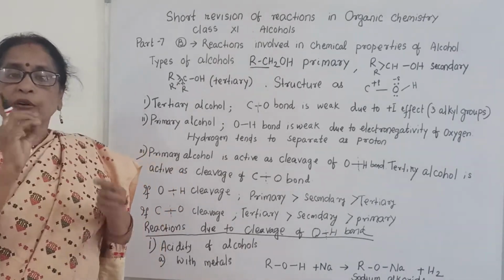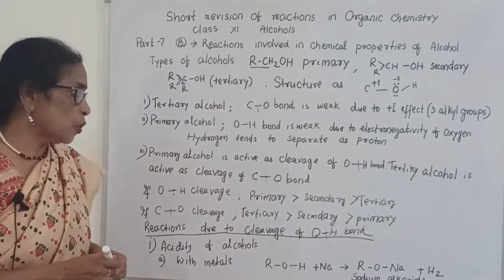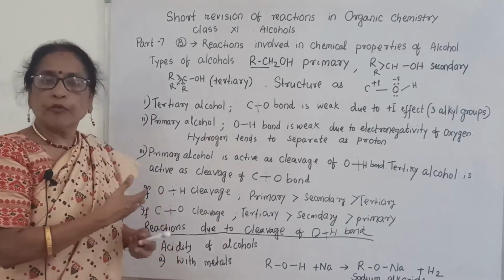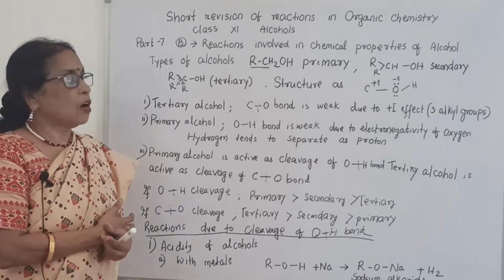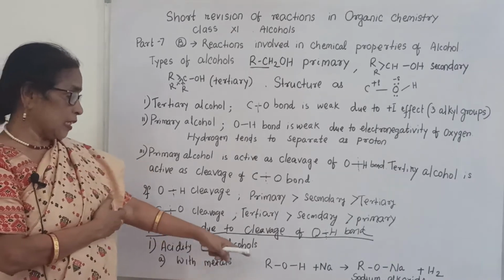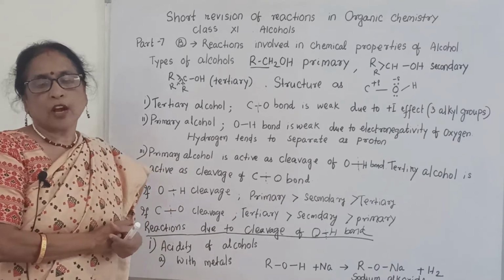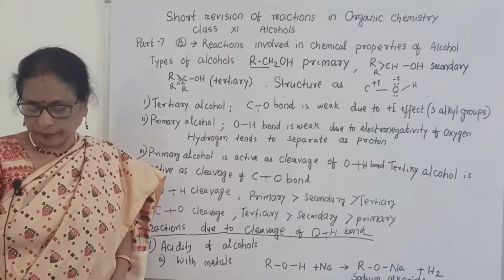In ROH, H is replaced by Na, which is called sodium alkoxide, and hydrogen. Here, with metals, it proves that hydrogen gas is liberated. Similarly, we will see how other metals react with alcohol.